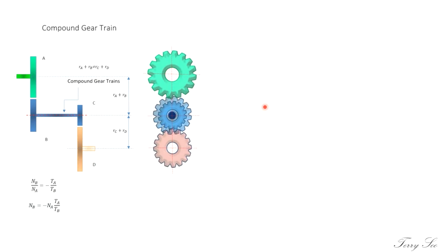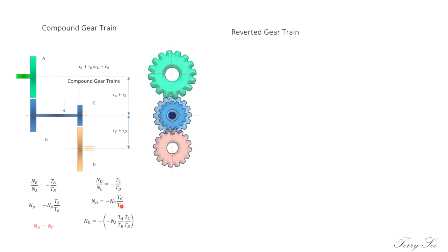The next one, you can work out. This is called the train value or speed ratio. You can see for a compound gear train, the speed ratio is actually affected by how they are arranged, and it is modified by the number of teeth, which are included. The previous one, which we call the simple gear train, is not affected by the number of teeth, that means any amount of intermediate gears.